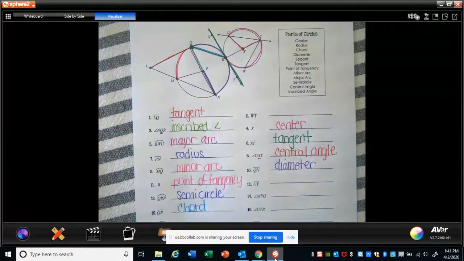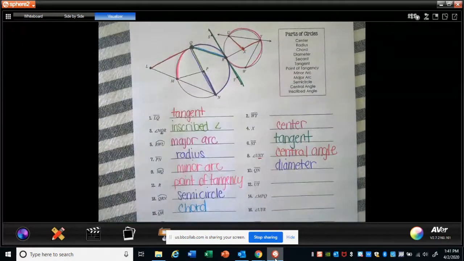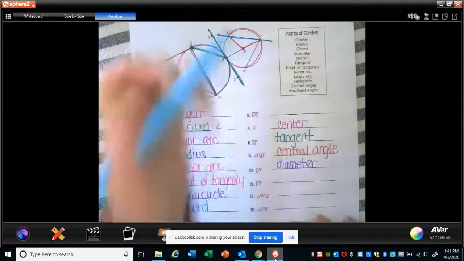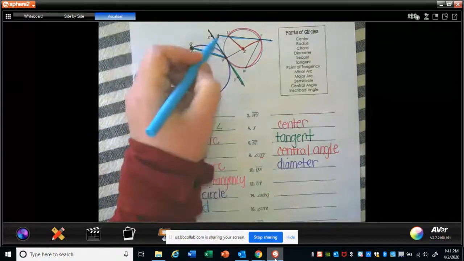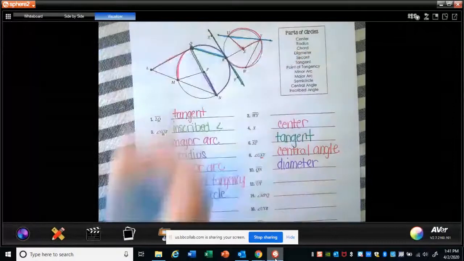All right, the last one. This is line UY. So let's talk about this. Let me change colors. So here's this line UY, and it's very important to pay attention to the symbol. Since this is line UY, the line is going through the circle.